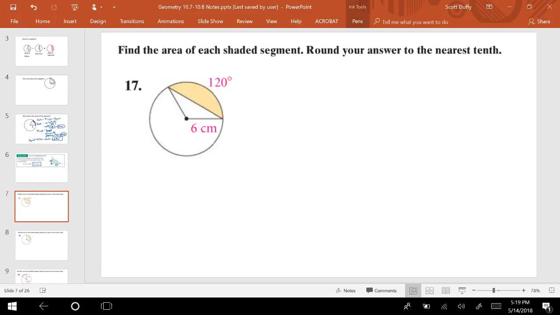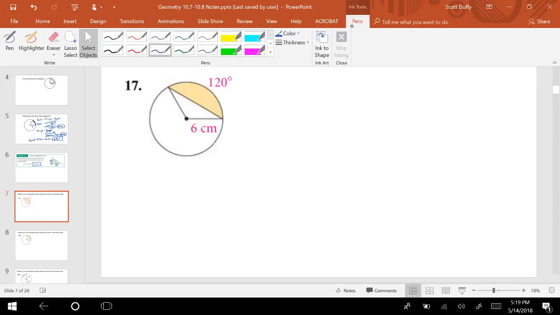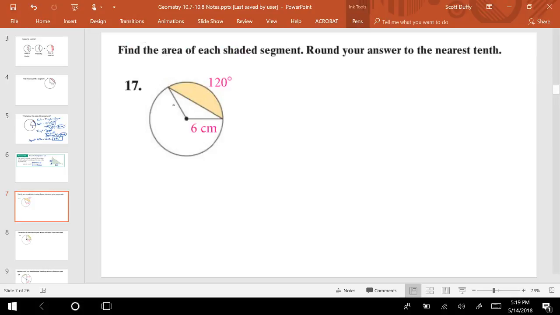Let's use it one more time. Right away I see that I have a circle with a radius of 6, which means that this radius is 6, and then if this is 120, this angle right there is 120. Okay, we find the sector, which is going to be pi r squared times the measure of the arc over 360.